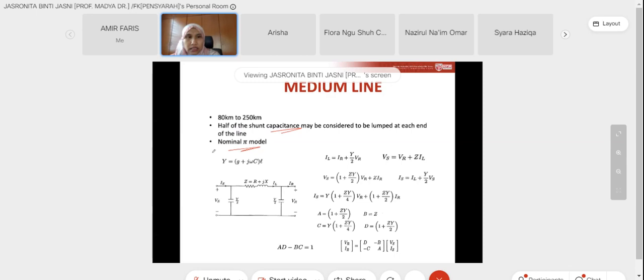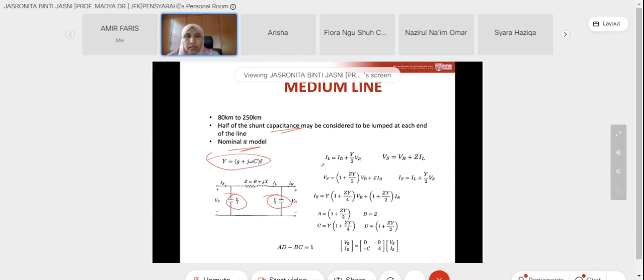So this is the shunt capacitance. We need to know this. Basically, this is what we call the pi model. You see this, the shunt capacitance in the medium line transmission line.